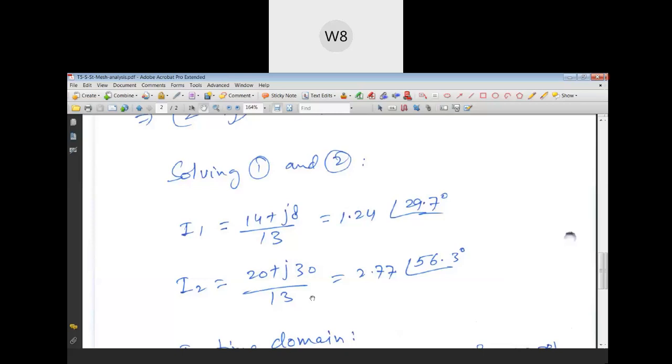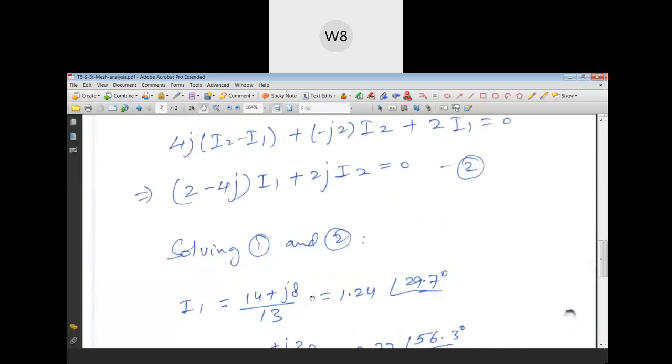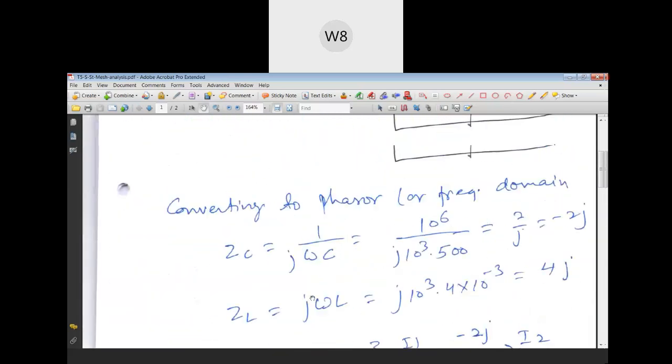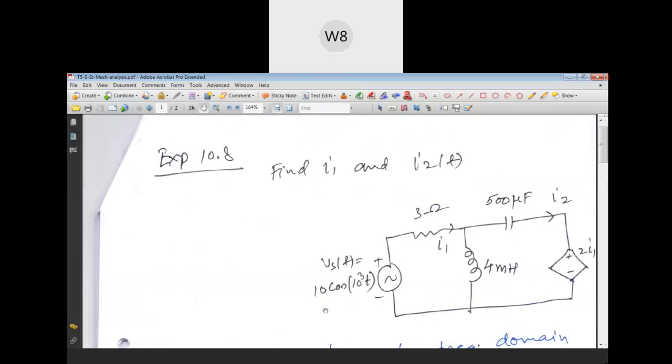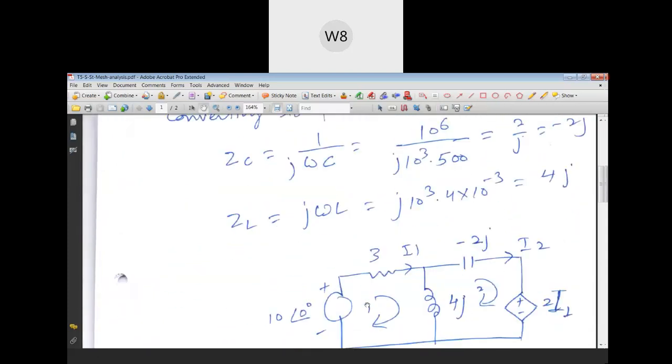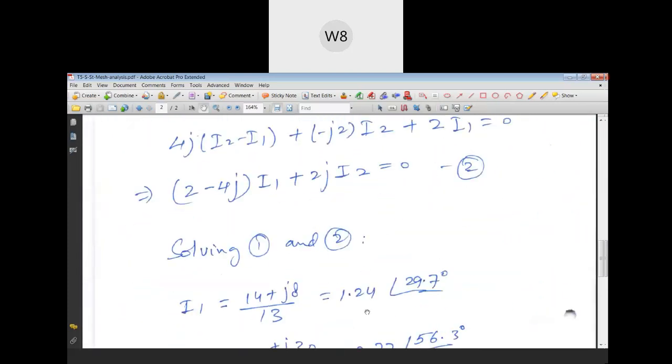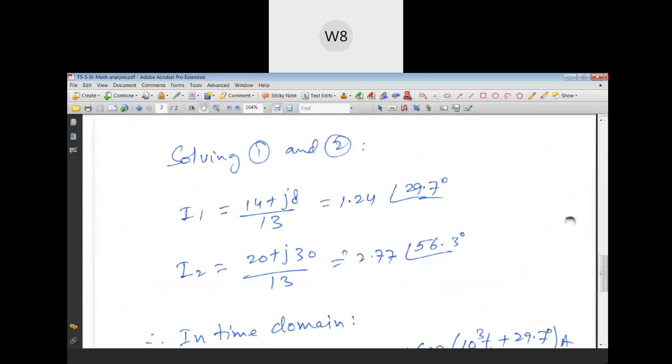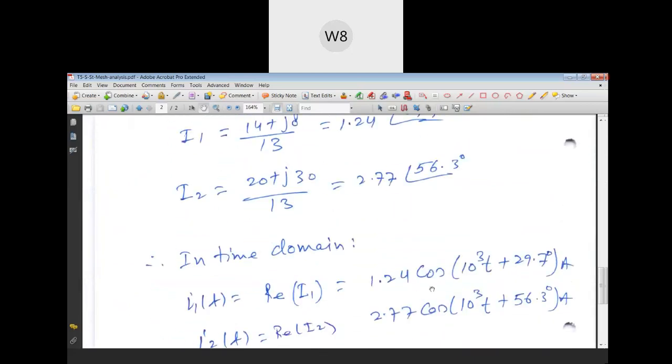The only thing is that everything is now going to be in complex form. When you start the process, you have to convert all your sources to the standard cosine form, A cos(omega t plus phi), and then proceed. And once you have found the phasor, you can switch back to the time domain using this formula. That means find the real part of that phasor multiplied by e raised to the power j omega t.